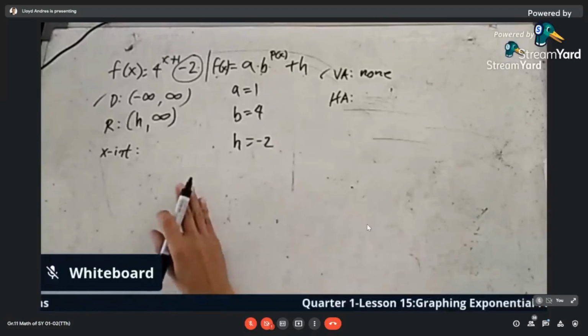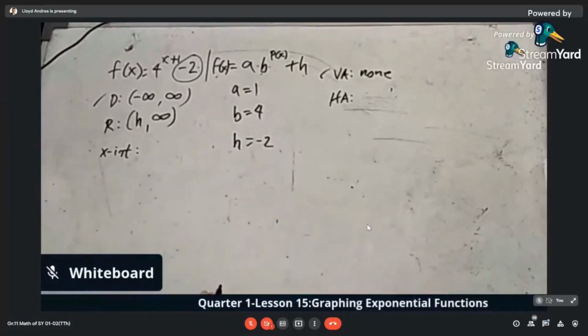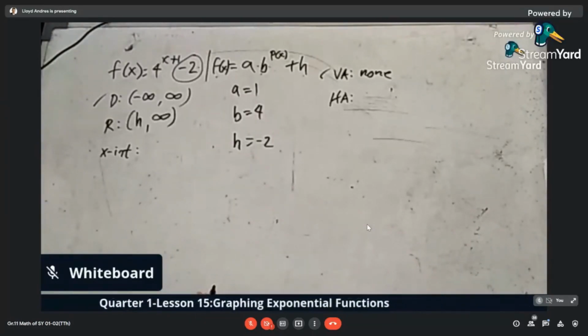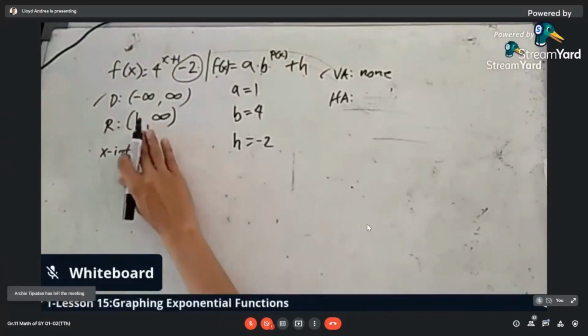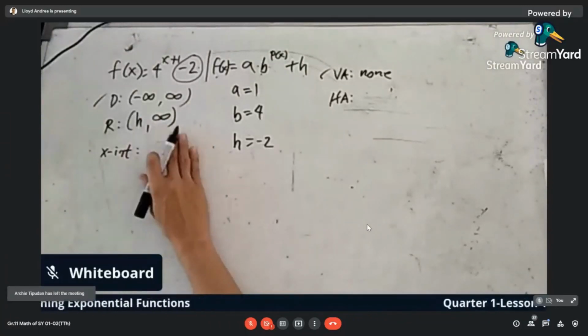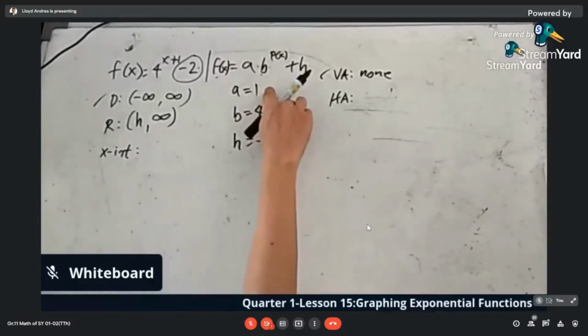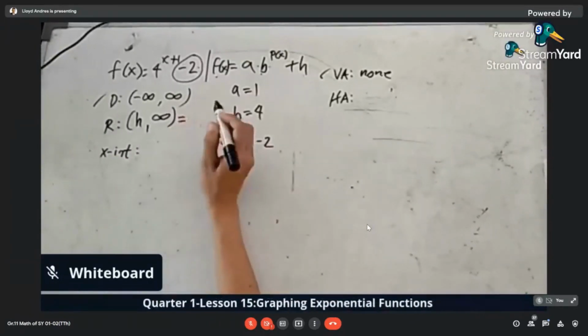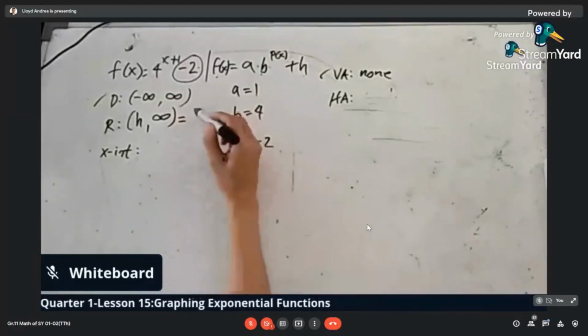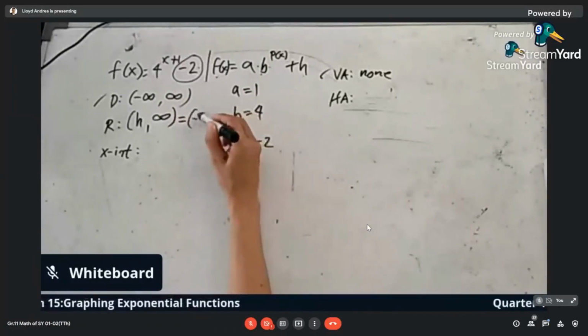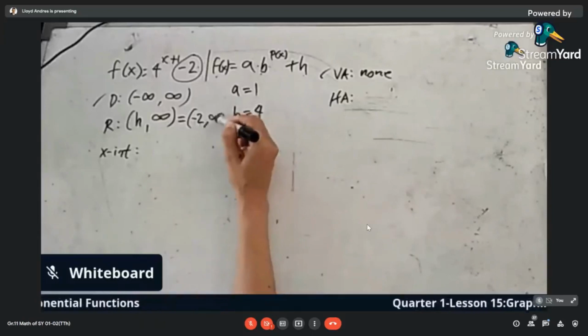Anyway, maghatag man ta og example later on sa negative nga A. So same gihapon ang pattern nato, h to positive infinity, because positive ang A. Tapos, substitute na lang. So, meaning, ang imong range is from negative 2 to infinity.